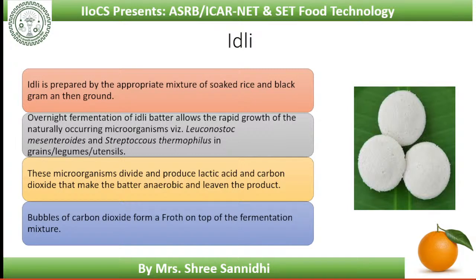These microorganisms divide and produce lactic acid and carbon dioxide that makes the batter anaerobic and leaven the product. Bubbles of carbon dioxide form a froth on top of the fermentation mixture.